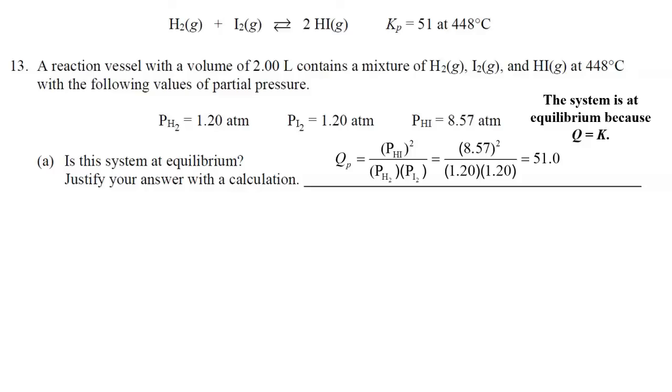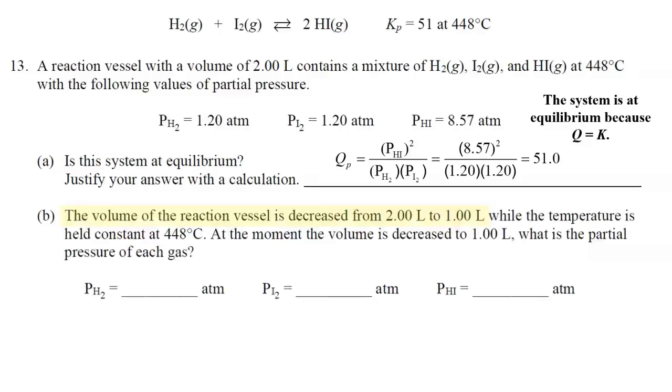So here comes the stress. In part B, it says the volume of the reaction vessel is decreased from 2 liters to 1 liter while the temperature is held constant at 448 degrees Celsius. At the moment that the volume is decreased from 2 liters to 1 liter, what is the partial pressure of each gas?